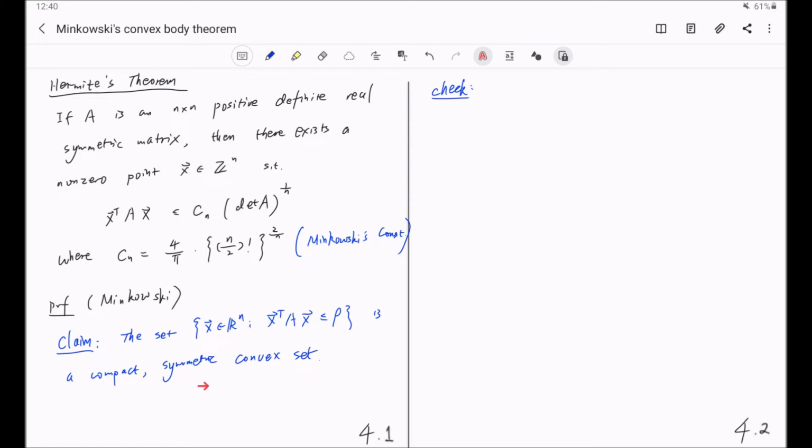Which one of those three properties do you think is easiest to check? I think it is the symmetry about 0.